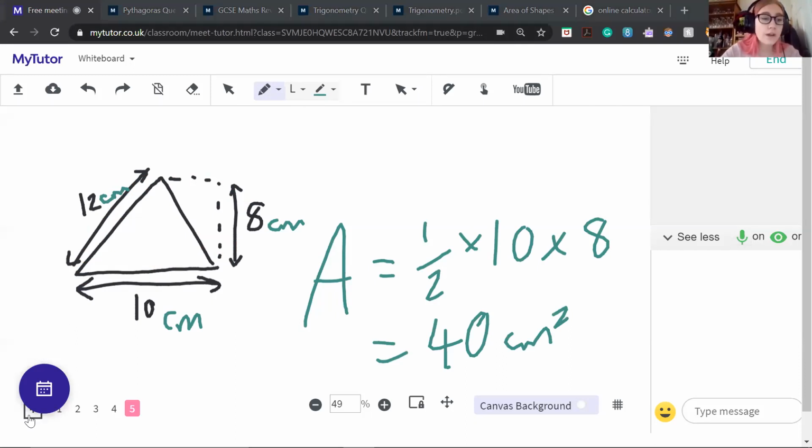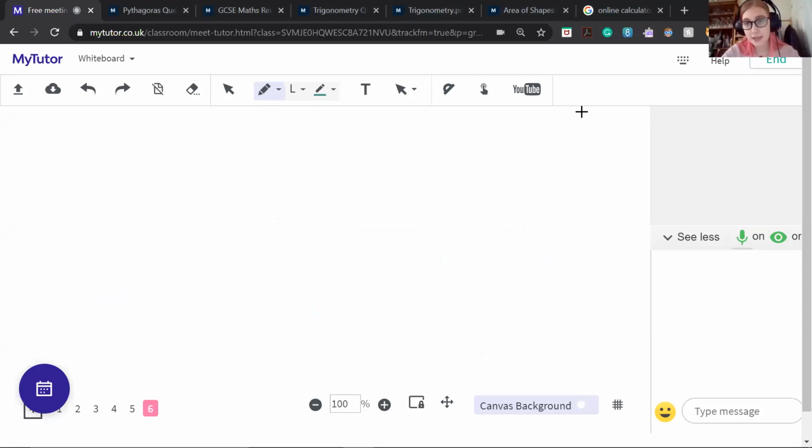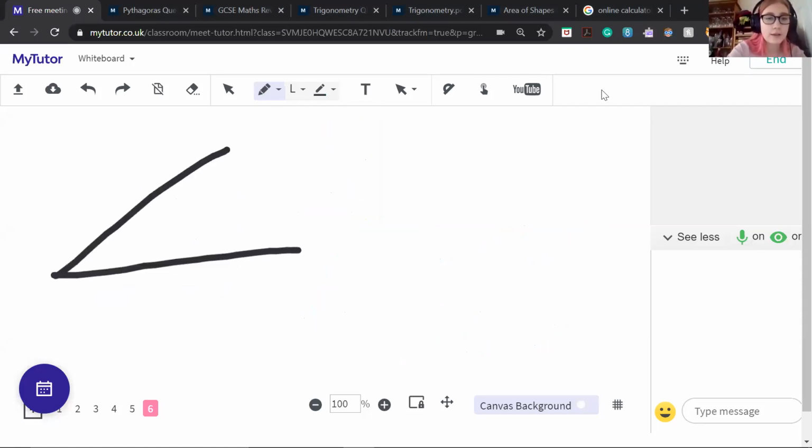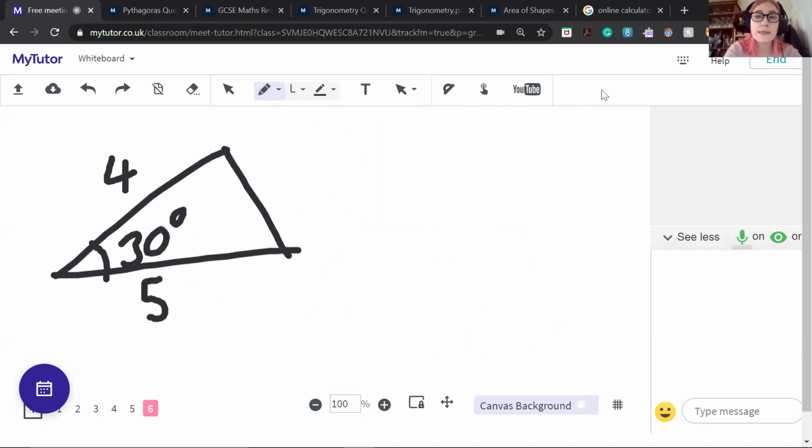So what if we don't have the perpendicular height? What if we have a triangle that looks like this, and we're given that this angle here is 30 degrees, and we're given that these side lengths are 4 and 5, but we're not given the perpendicular height? What we have is a formula that we can use for any type of triangle, and it uses one of our trig functions.